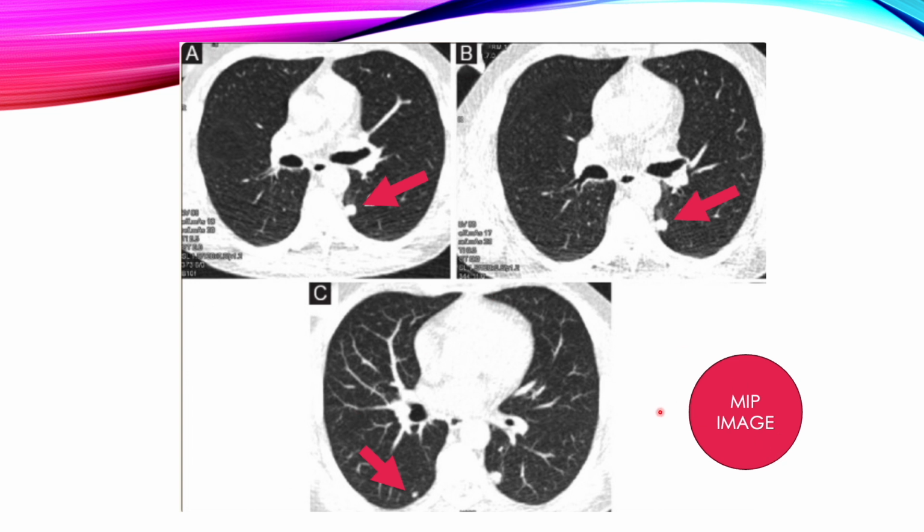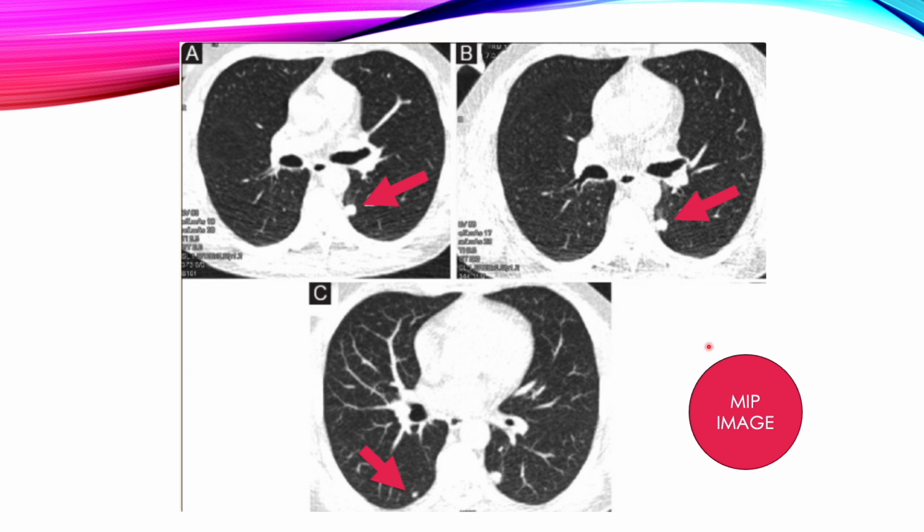Now, there was some controversy of whether a low-dose CT scan reading will change based on your experience as an observer, but they have shown that there's not much difference inter-observer or intra-observer. So low-dose CT can be used compared to a standard dose CT in following up these patients.